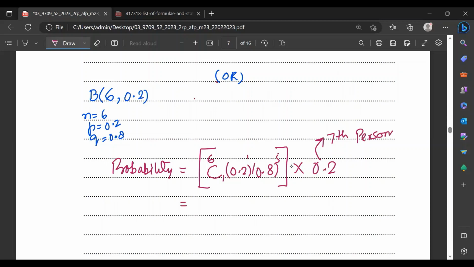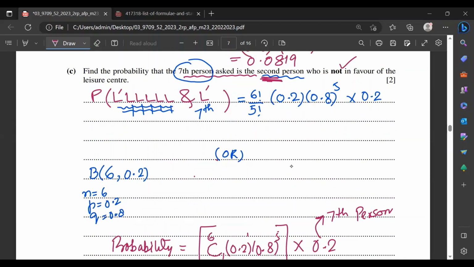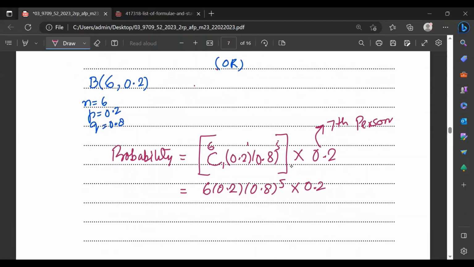When you simplify, 6C1 is 6, 0.2, 0.8 raised to the power 5 multiplied by 0.2. This is the same as before, because 6 factorial over 5 factorial is 6. The same, but using a different technique, using the binomial distribution.